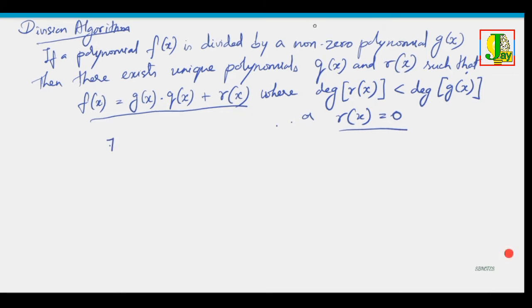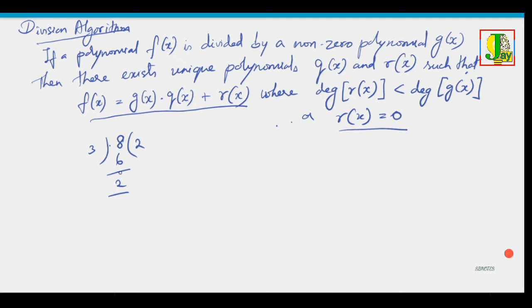Let's take an example like 8. If I divide 8 by 3, what do I get? 3 into 2 is 6, and the remainder is 2.